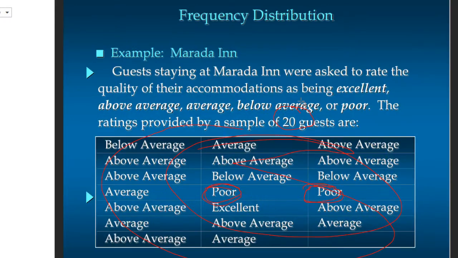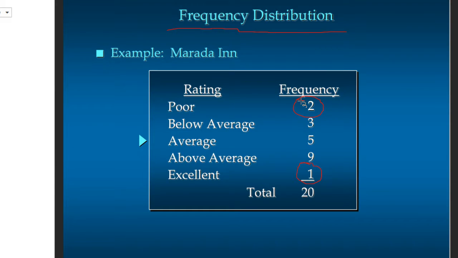If you organize the raw categorical data into something like this table, of course it's a lot easier to see. You can also see that the total is 20, right?